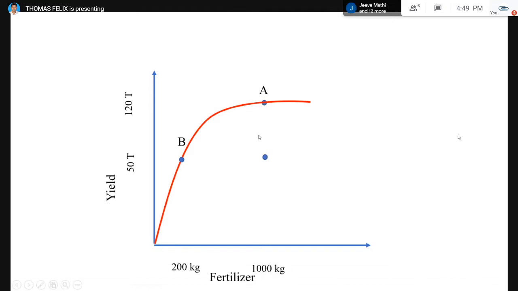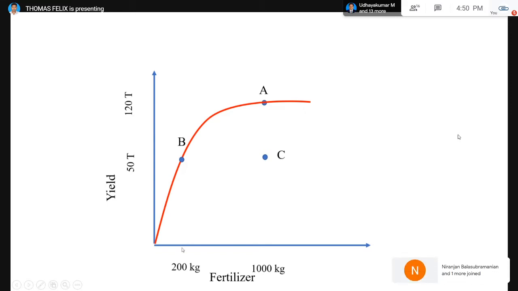If a farmer lies below the frontier, he is an inefficient farmer. That is, there will be a gap between point A and point C. For example, farmer A uses 100 kgs of fertilizer and gets an output of 120 tons.